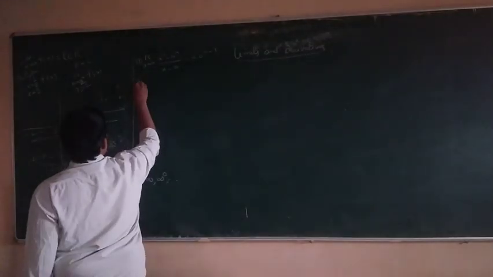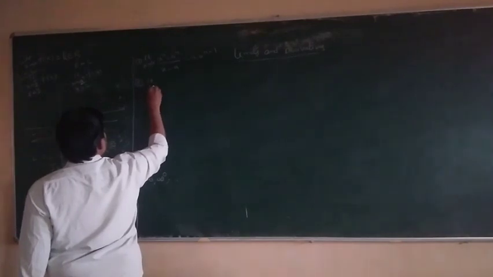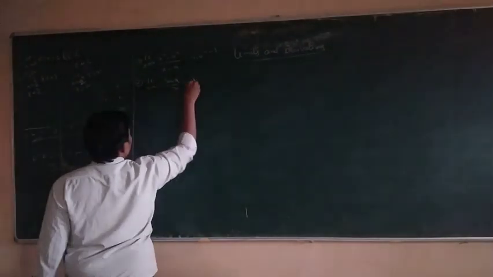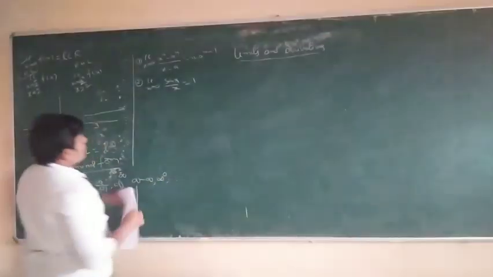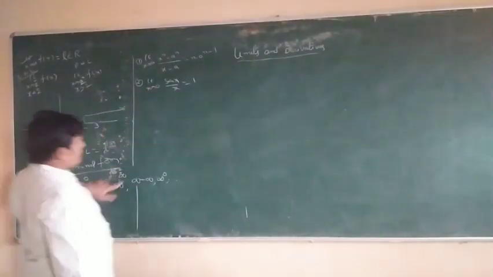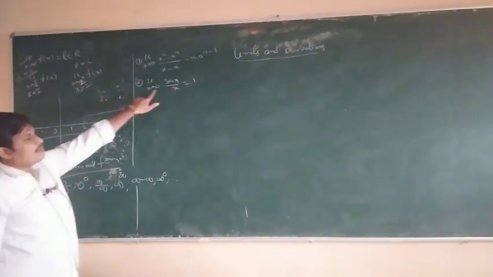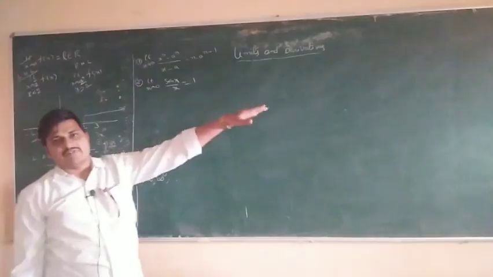Second one, limit x tends to 0 sin x by x is equal to 1. Apply, sin 0, 0 by 0 indeterminate form. In indeterminate form, apply the formula or simplify the given function.